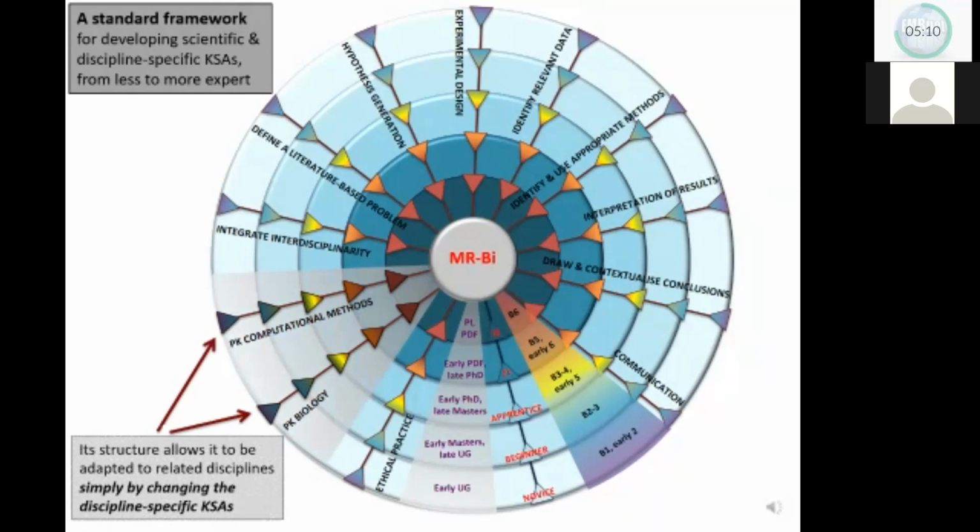And this is just simply by changing the discipline-specific KSAs, while keeping the scientific method related KSAs essentially the same or intact. So it's a plug and play tool, if you like, for related scientific disciplines, as then for the bioinformatics field, the prerequisite of biology and the prerequisite of computational methods are the domain-specific cases.